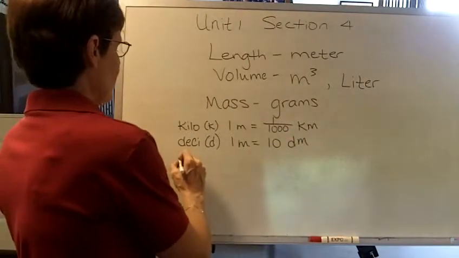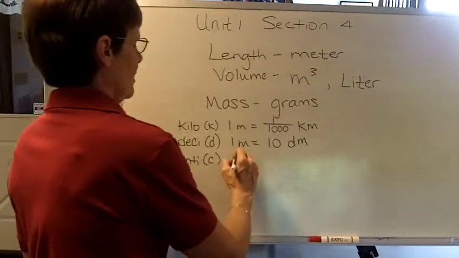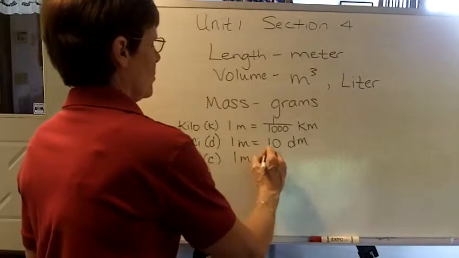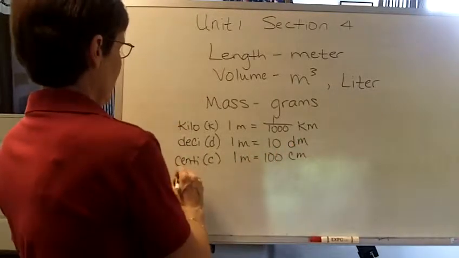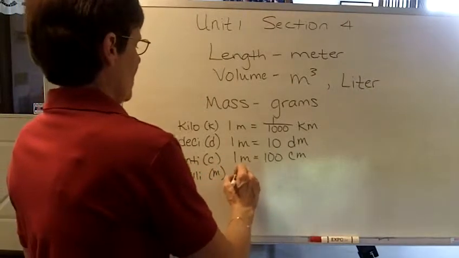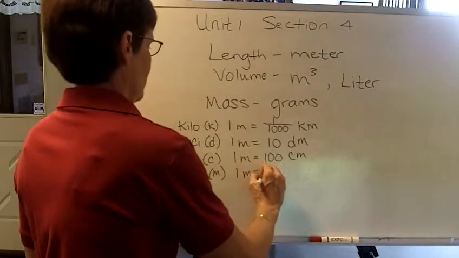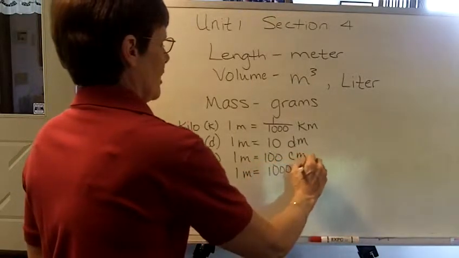And then we can have centi, abbreviated with a C, and 1 meter is equal to 100 centimeters. And then we can have milli, abbreviated M, and 1 meter is equal to 1,000 millimeters.